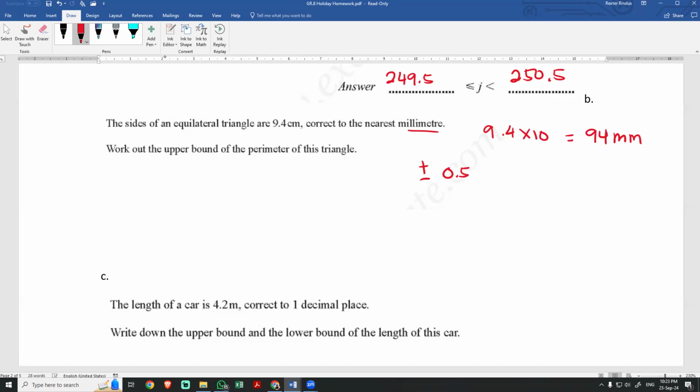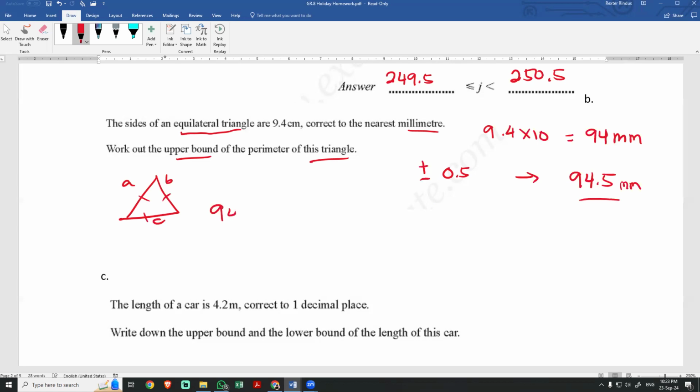In short, we are looking for the upper bound, so we are looking only for addition. That's going to be 94.5 millimeter. The question is about the perimeter of a triangle. If you look at the triangle, there are 3 sides, A, B, and C. But the statement says equilateral, meaning the 3 sides of the triangle are the same, which in this situation is 94.5.